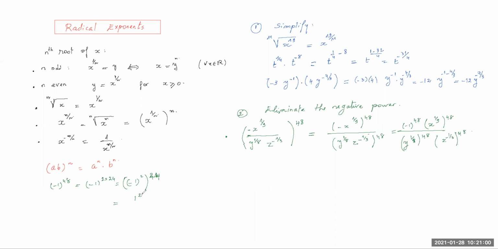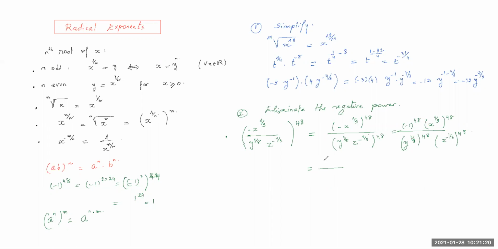Then we use (a^n)^m equals a^(nm) for the other terms also.